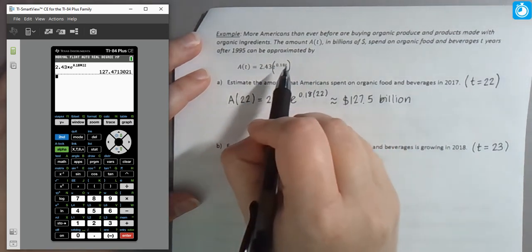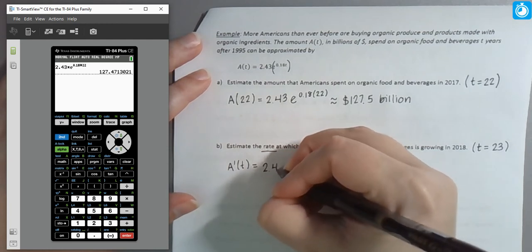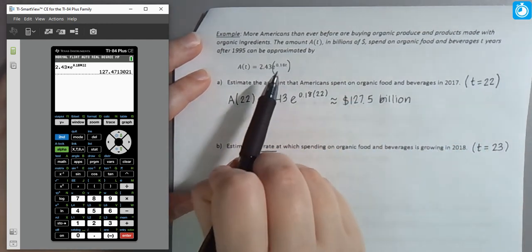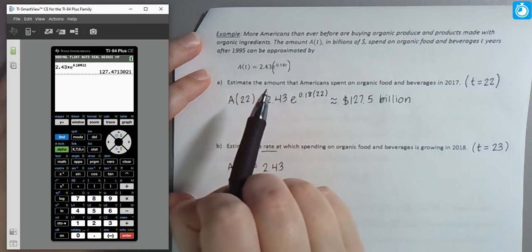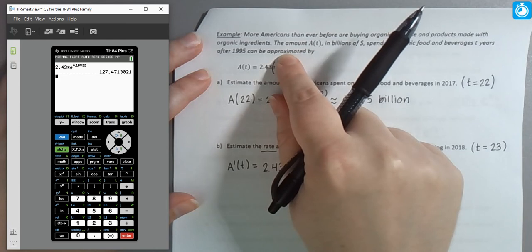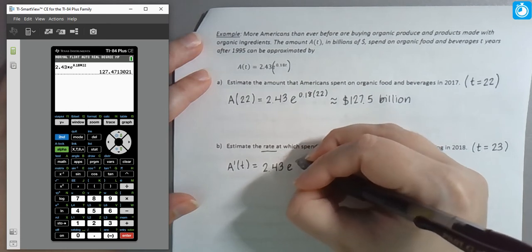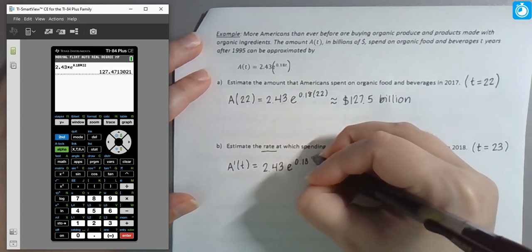So we're really just focused on differentiating this portion. So we have 2.43 times the derivative of our exponential function. So the outer function is going to be e raised to a power. So we know the derivative of e to a power is e to that power. So e to the 0.18 times t.